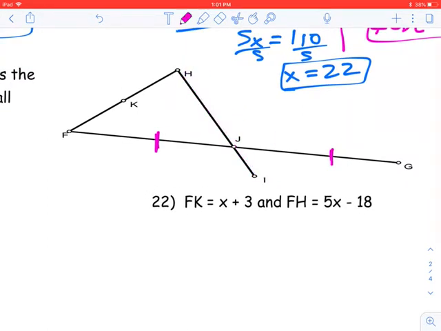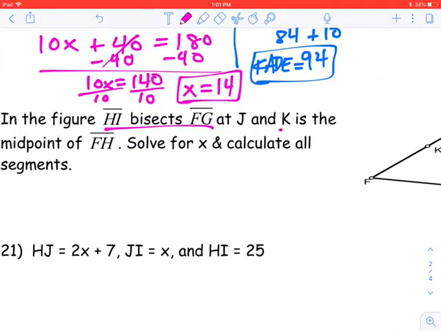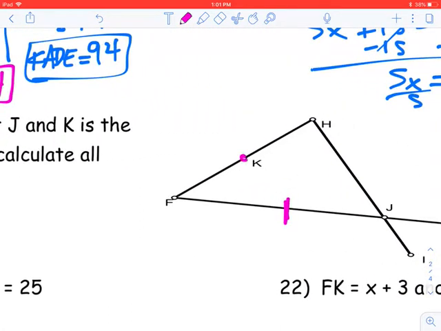So FJ and GJ are equal, or congruent, because HI was a bisector. Okay, so that's one thing. And then it also says K is a midpoint of FH. So if K is a midpoint of FH, that means FK and HK are also equal.